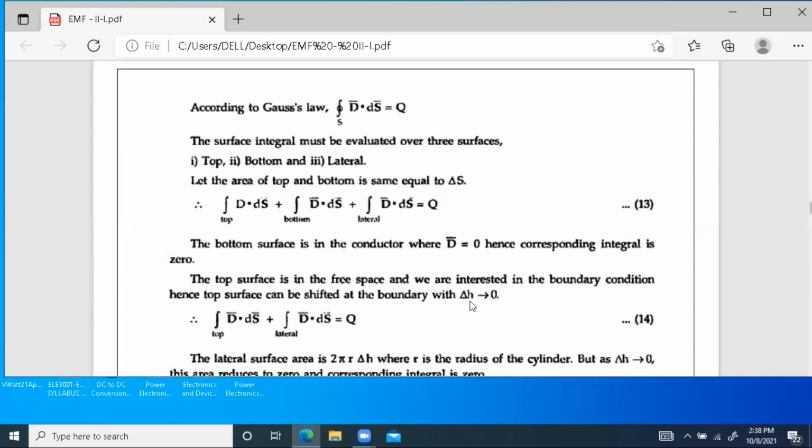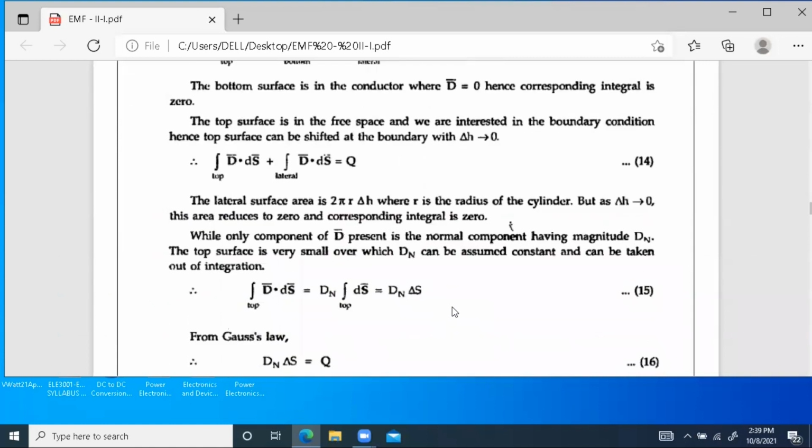So we pull down, we shrink the pillbox, so delta H goes to 0. The side is 2 pi r h, which is delta H, where r is the radius of the cylinder. No problem with that, right? But we have delta H going to 0. This area reduces to 0 and the corresponding integral is 0.